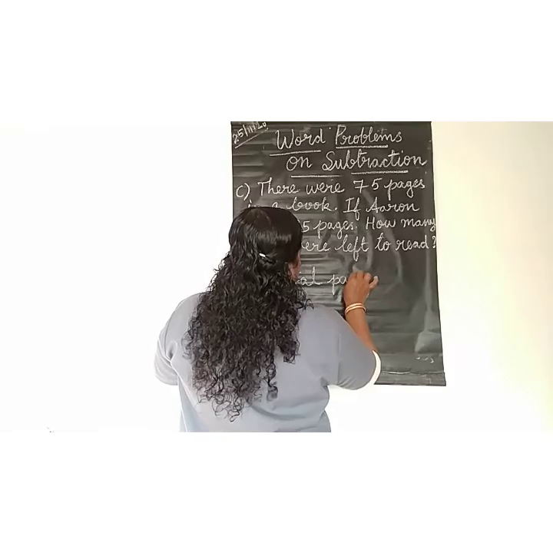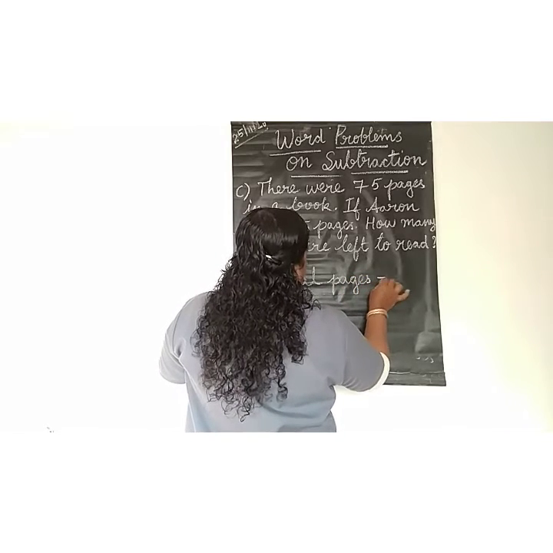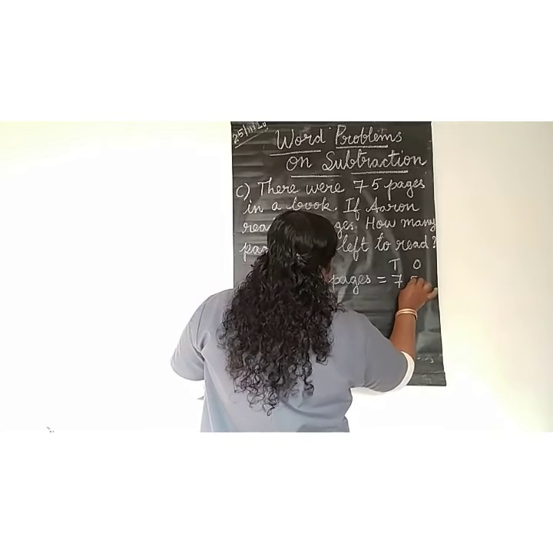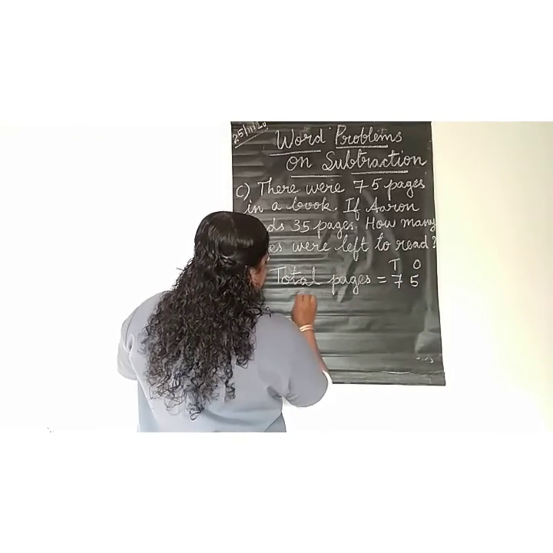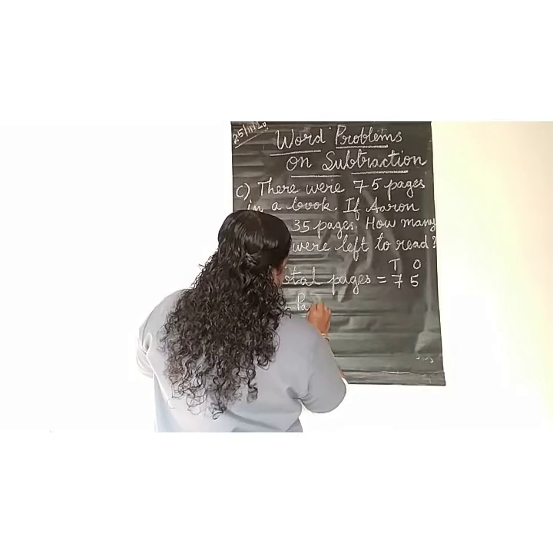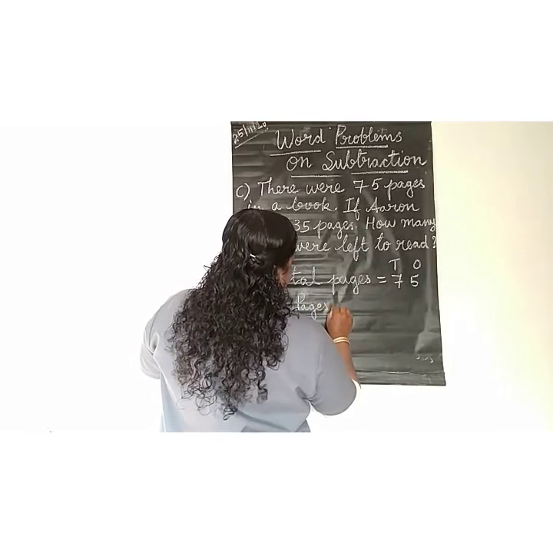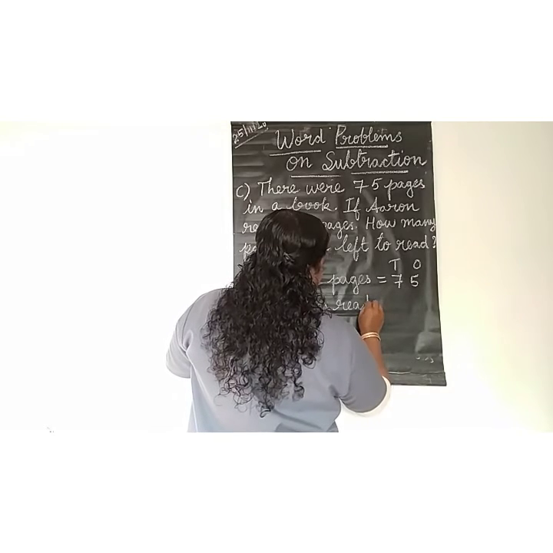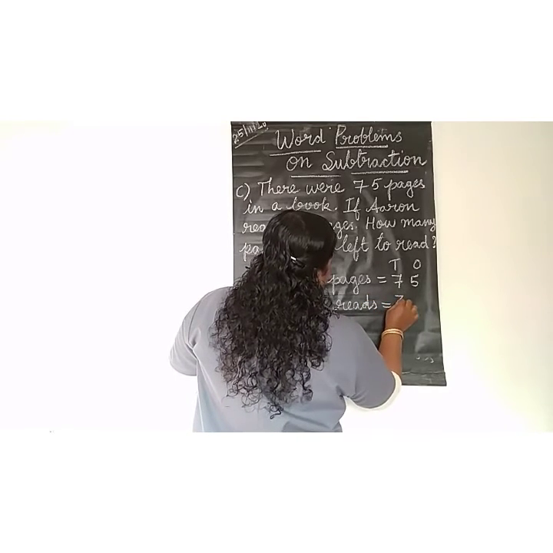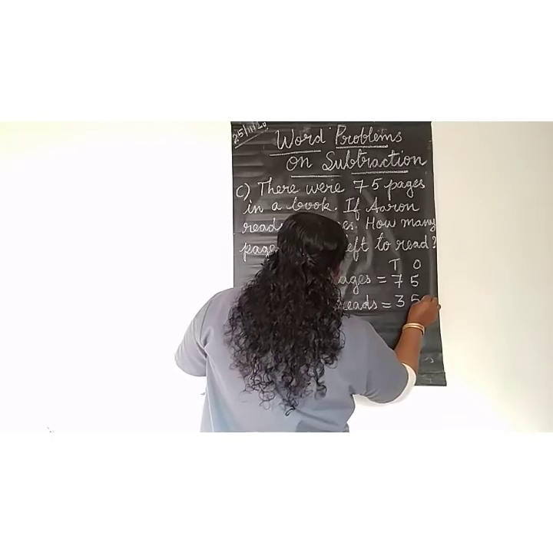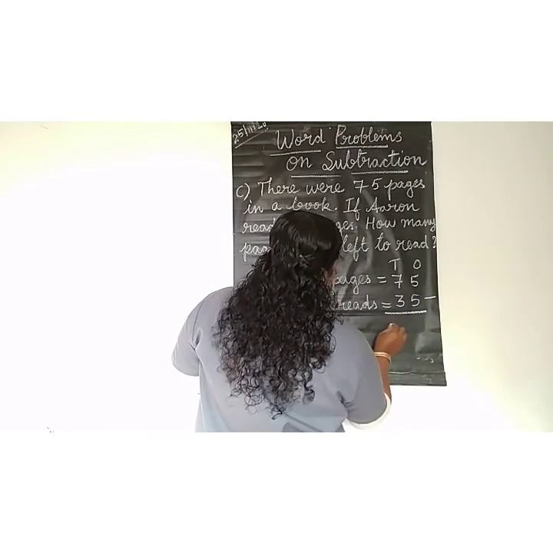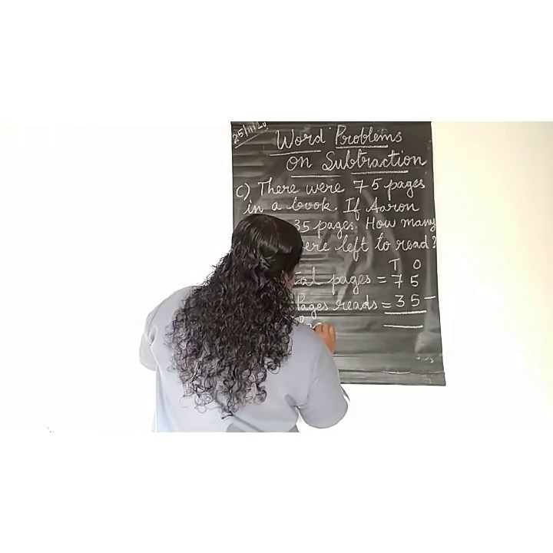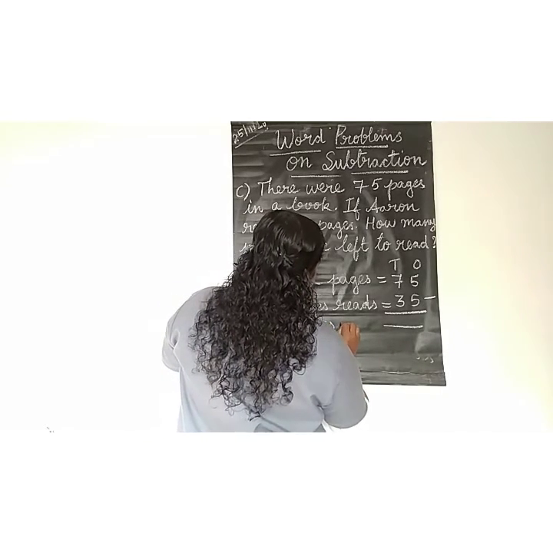How many pages are there? Total pages 75. Pages read. Aaron reads how many pages? 35 pages. Okay. Minus 35. Then pages left to read. How many pages are there to read?